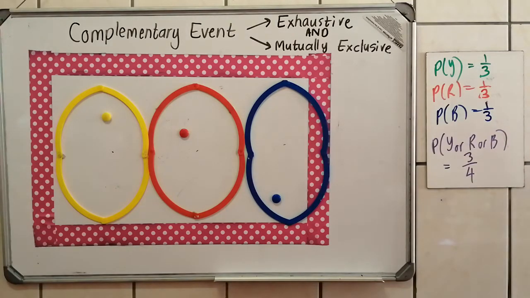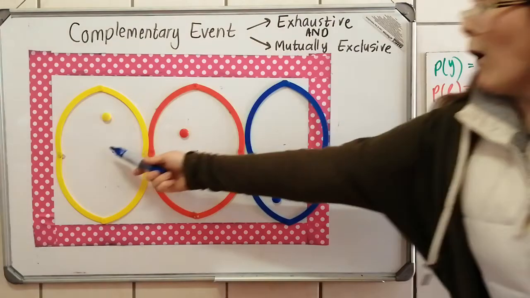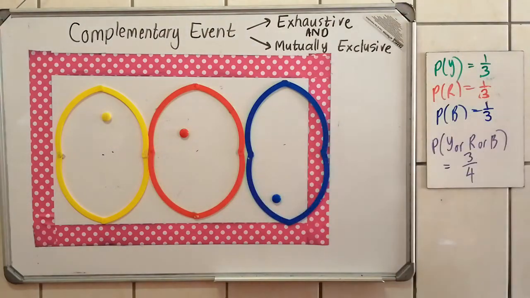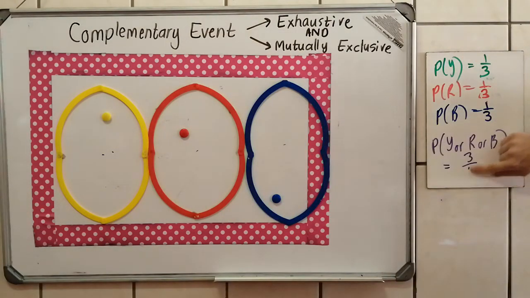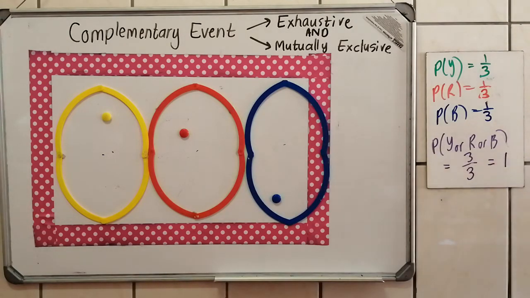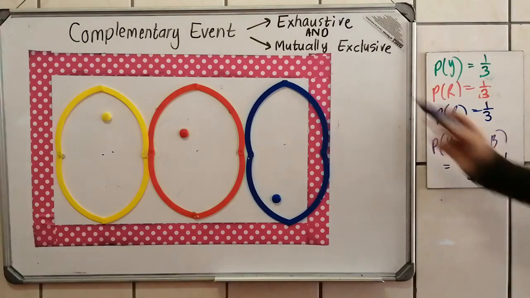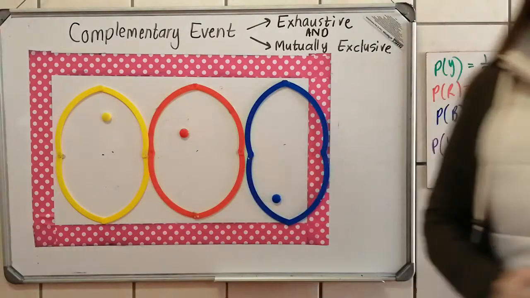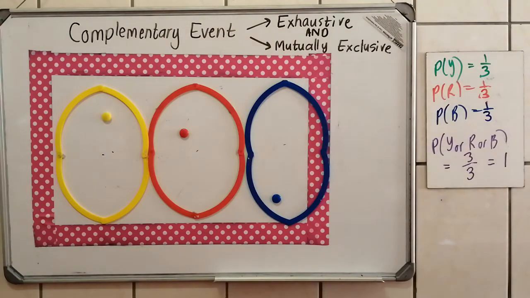And then their union is what? 1, 2, 3 options out of a possible 3 options. And I end up with 1 or 100%. So 100% of my sample space has been used, so it's exhaustive.